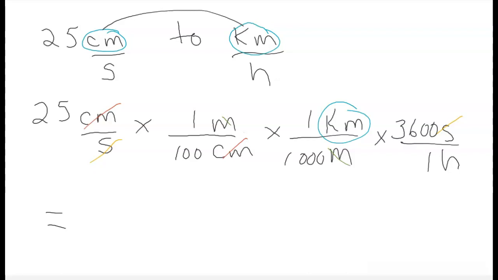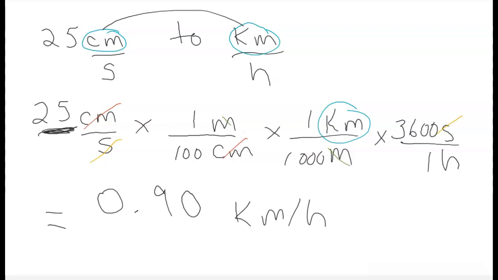And I am getting 0.9 kilometers per hour, but now here's a cautionary tale because my original value has 2 sig figs and my final answer here has only 1 sig fig because this leading 0 doesn't count, so I'm going to add in a 0 there to keep the number of significant digits.